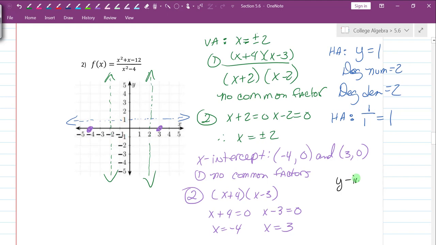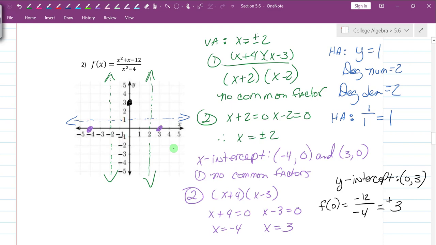It's going to be (0, a number). And we're going to solve that by plugging in 0. And we know this goes to 0, this goes to 0, so I get negative 12 divided by that goes to 0, and then negative 4. So negative divided by negative gives me a positive 12 divided by 4 is 3. So the point (0, 3) is my y-intercept. The last thing I need to do is I need to have 2 points in each section here. Okay?